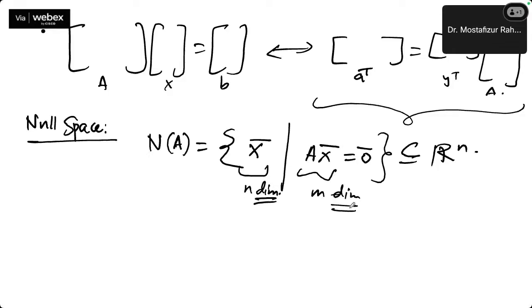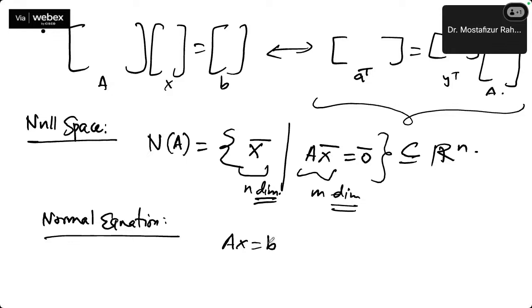Now there is something called a normal equation. We may not always get a solution for AX equals B, because A might not be square, and the system may not always be a homogeneous equation.